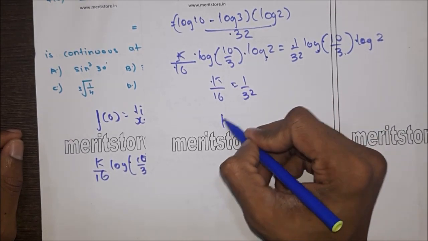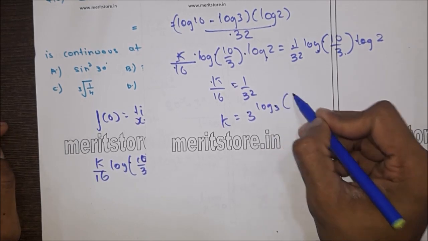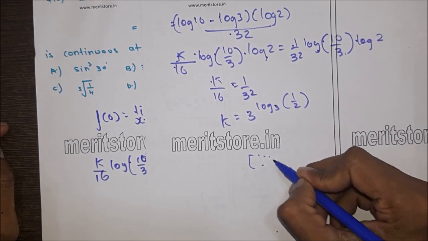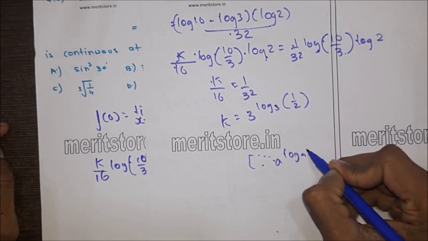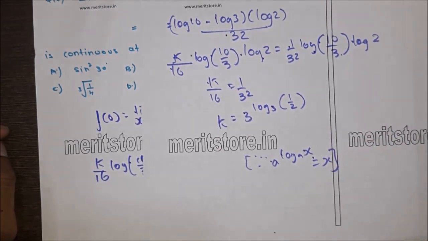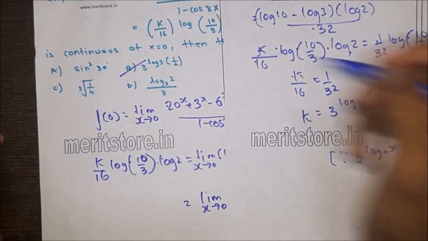Further, we can write this as k equal to 3 log to the base 3 1 by 2, where we use the formula a raised to log to the base a x equal to x. If you see, our answer matches with option B, therefore B is the correct answer.